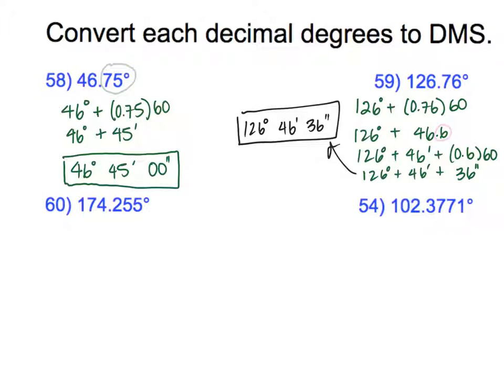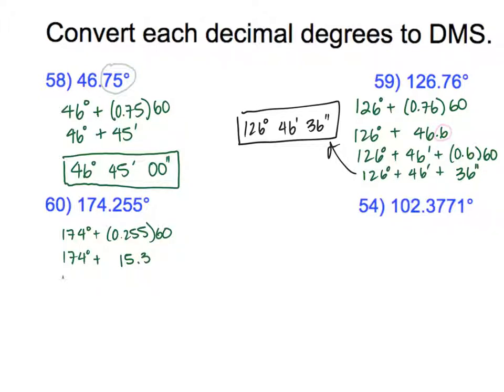Okay, let's try this again with some other problems. If I have 145.255, I have to drag down that whole number first. I'm going to drag down 145 degrees, plus. Now I take my decimal that's left over and multiply by 60. If I do that, I get 15.3.